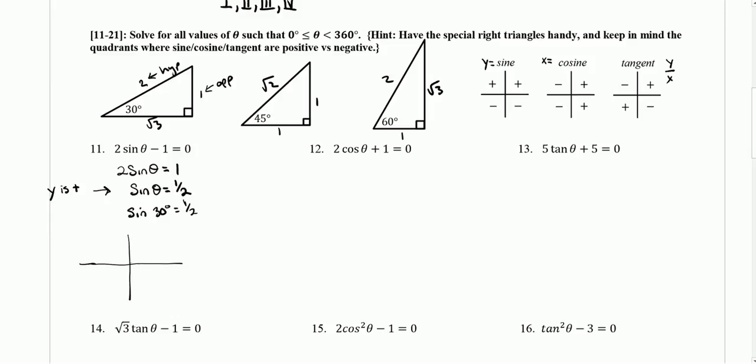2. So I'm going to draw a reference angle with 30 degrees in quadrant 1 and a reference angle of 30 degrees in quadrant 2. And we're wondering, where are these terminal sides pointed? This is 0, 90, 180.